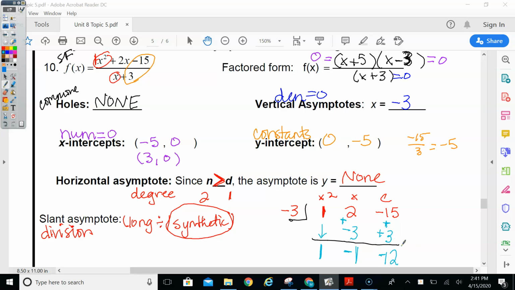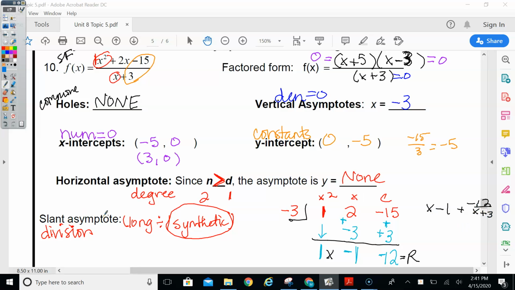Remember, these go down a degree. So this one ends up being x, this is your constant, and this is your remainder. So we write it as x minus 1 plus the remainder, which would be -12 over the original denominator, x plus 3.